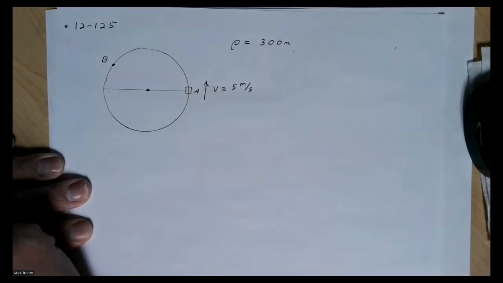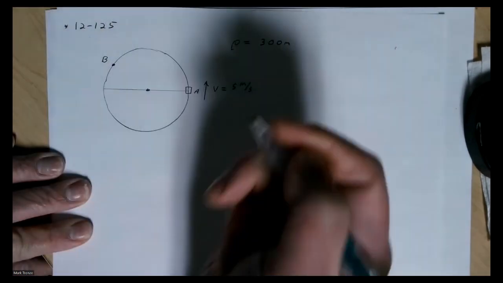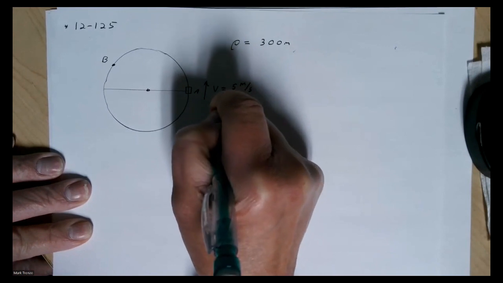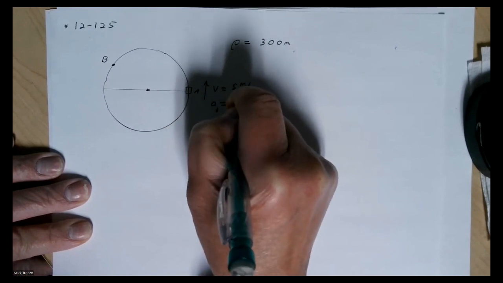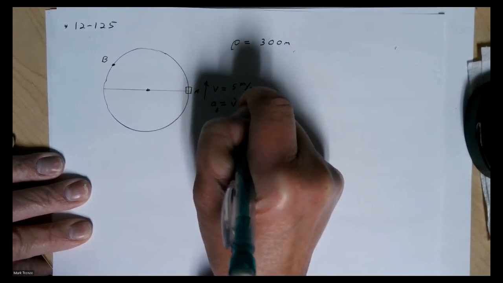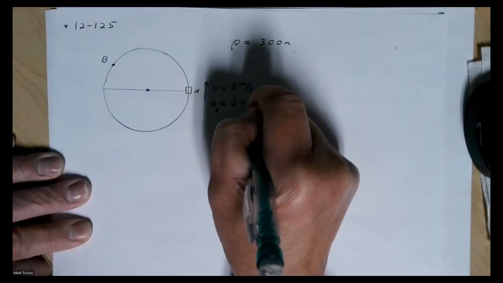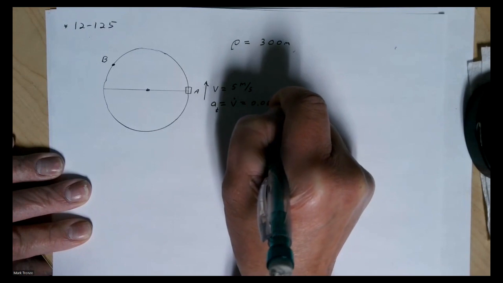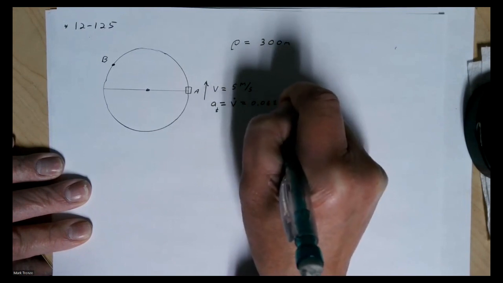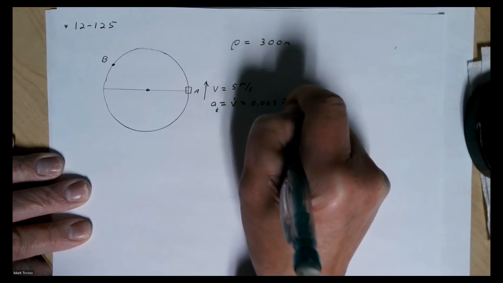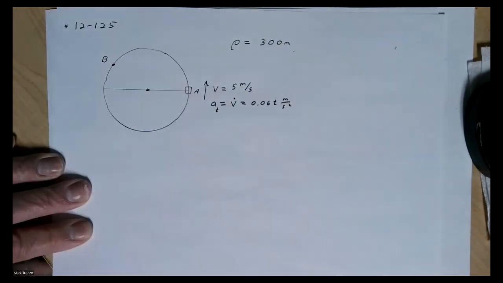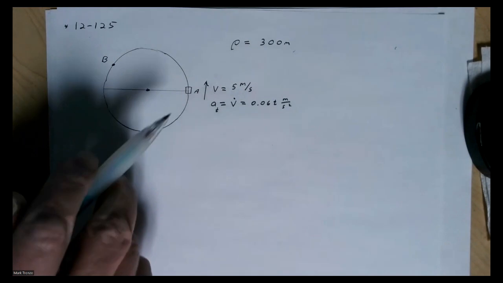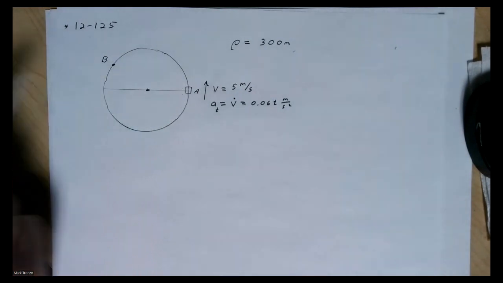And then v dot is the tangential acceleration, and that's given to be 0.06 t meters per second squared. And we're going to need to find information when it gets to point B.